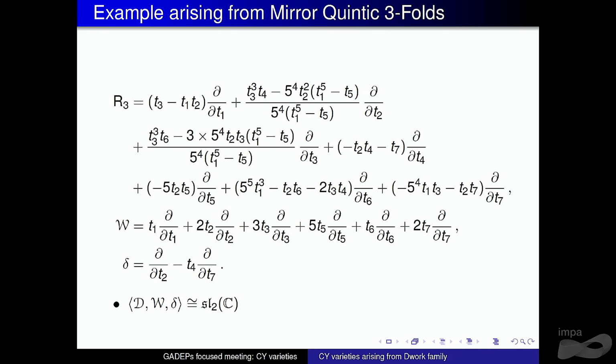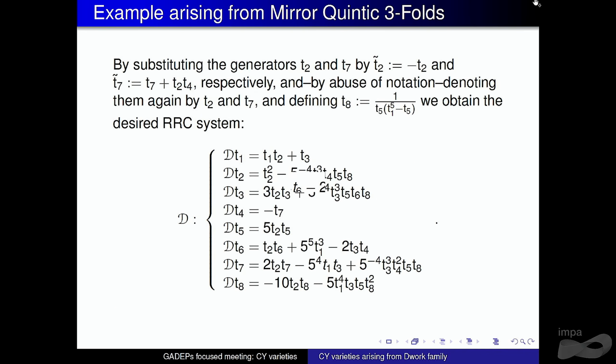But it now has negative weight. Let's say here T1 has weight 1, T2 is playing the role of the quasi-modular form here, and T3 has weight 3, T5 has weight 5, and the rest.